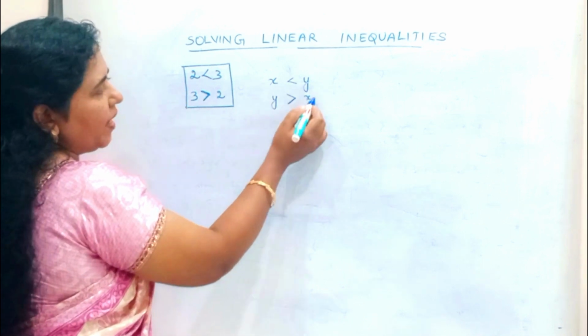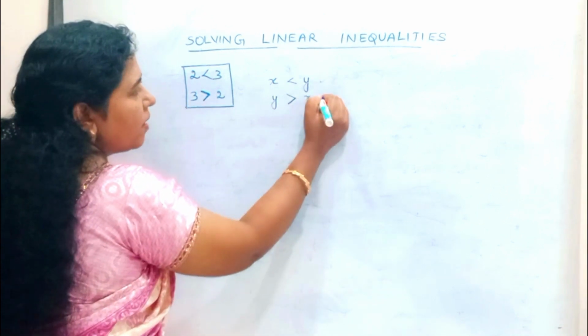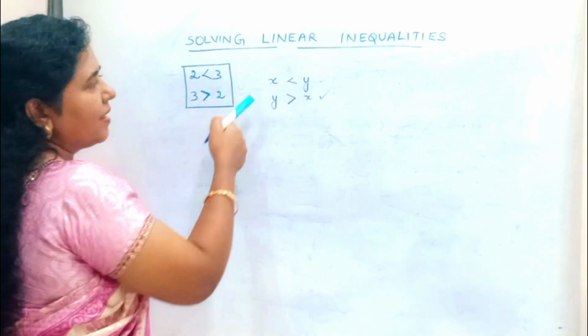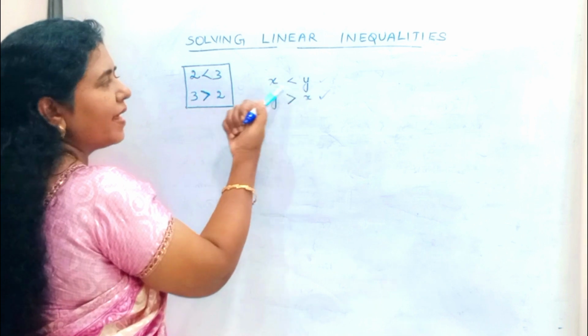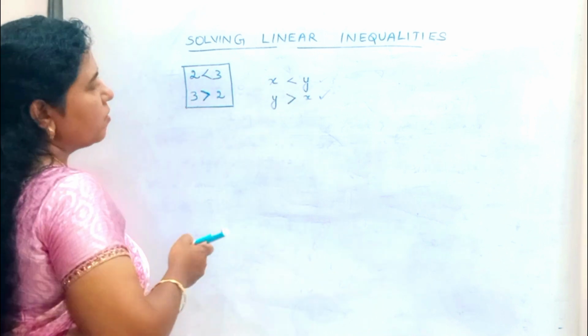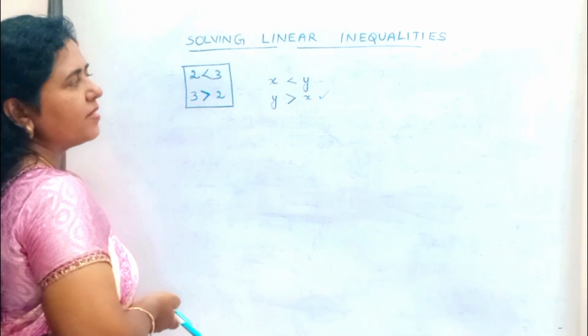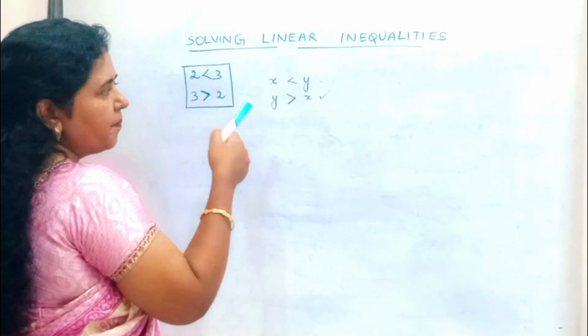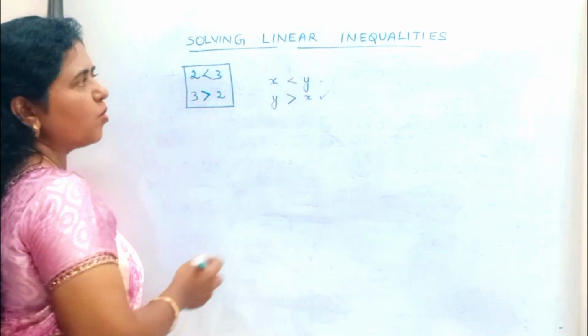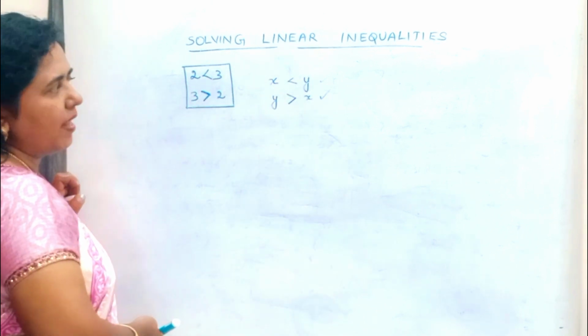So it becomes y greater than x. Now both are going to give the same meaning. X is less than y, so if x is less than y, then y will be greater than x only. Okay, so both will convey the same meaning. So this is a very important concept to be noted in the case of solving linear inequalities.